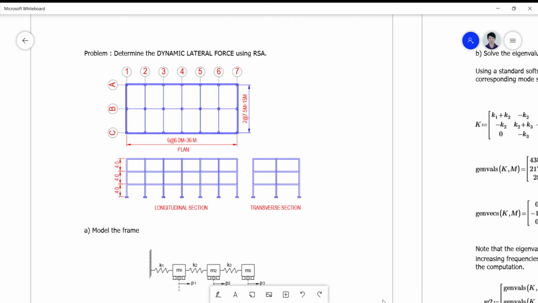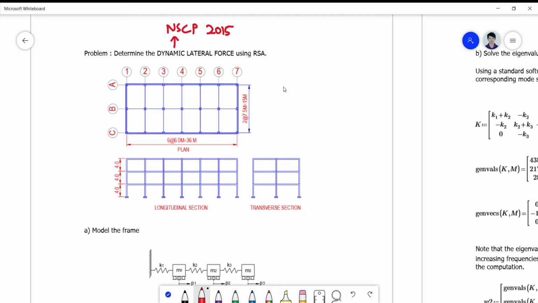Today we will be discussing the dynamic lateral force procedure on the basis of the code presented by the National Structural Code of the Philippines, 2015.